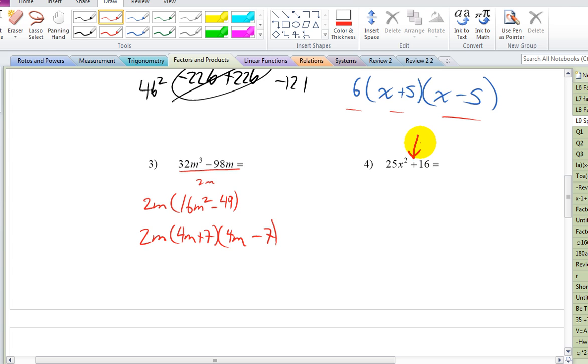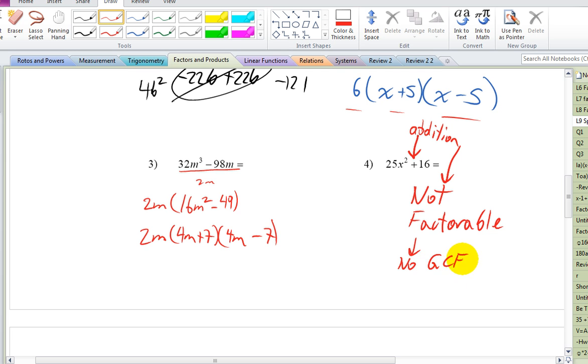It says the subtraction of 2 perfect squares. Is that a subtraction? No. So what you say is this is an addition. Therefore, because it's an addition, it's not factorable. Because there's no GCF and it's not a difference of squares.